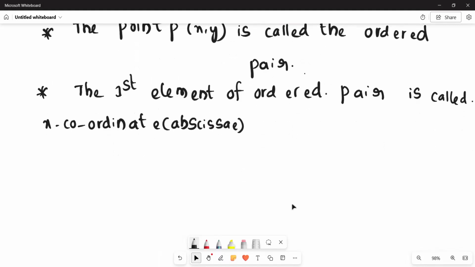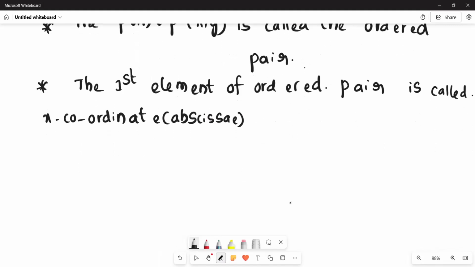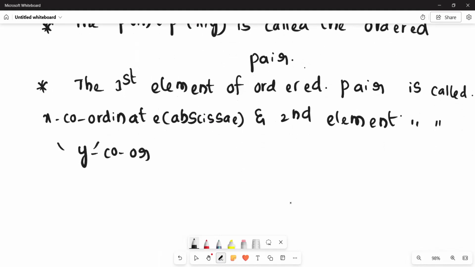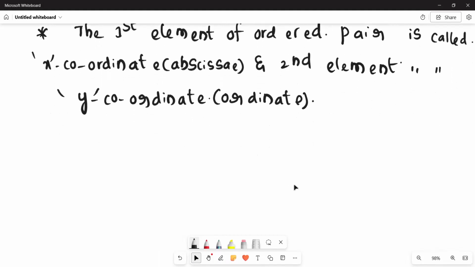The x coordinate we also call the abscissa. The second element, the y coordinate, we call the ordinate. The x coordinate is called the abscissa, and the y coordinate is called the ordinate. Right?